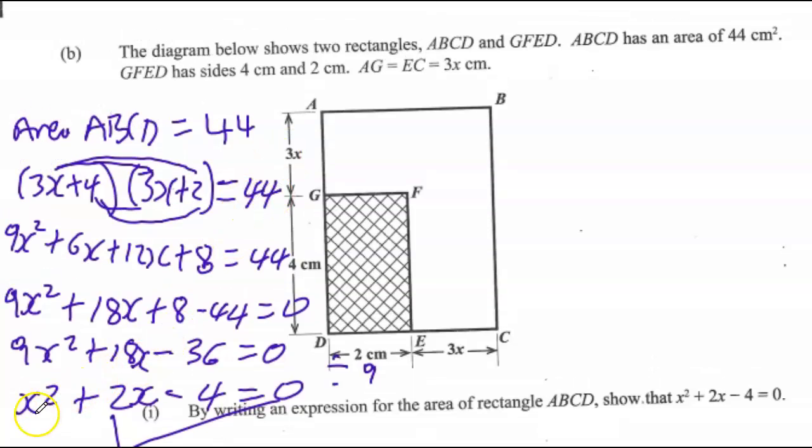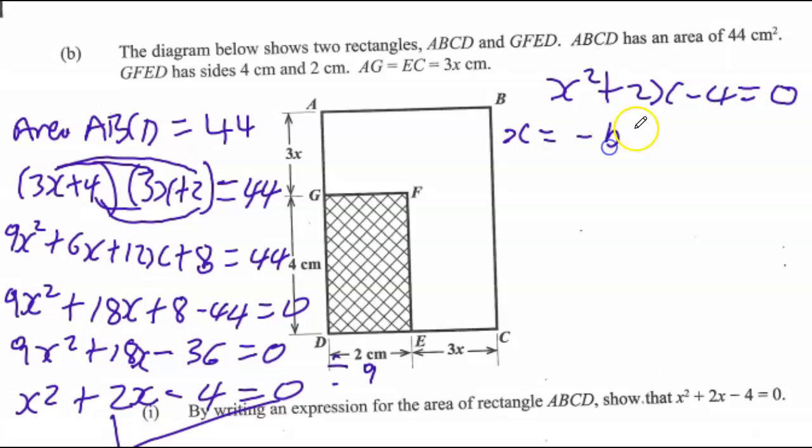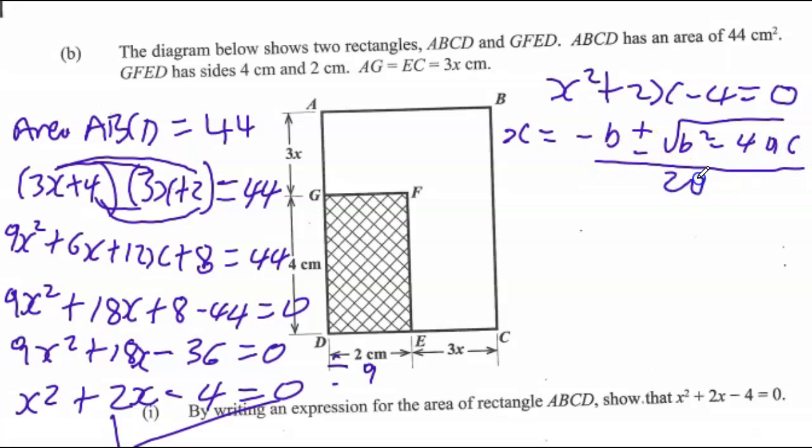Now the next thing they wanted was just for us to calculate the value of x in x squared plus 2x minus 4 equals 0. We can do this several ways. We can use the quadratic formula, x equals minus b plus or minus the square root of b squared minus 4ac, over 2a, and you use 1 for a, 2 for b, and negative 4 for c.